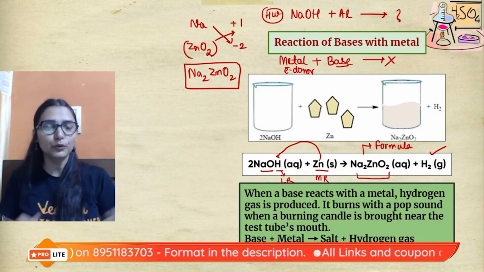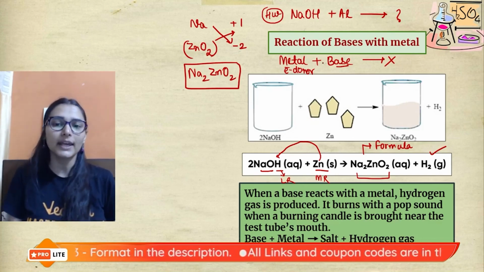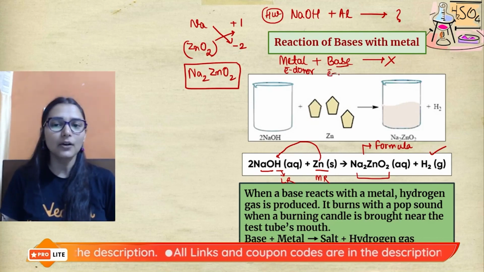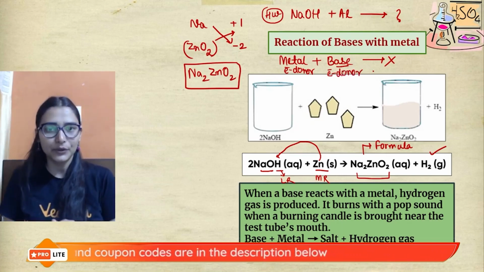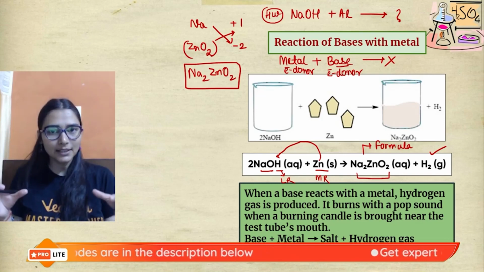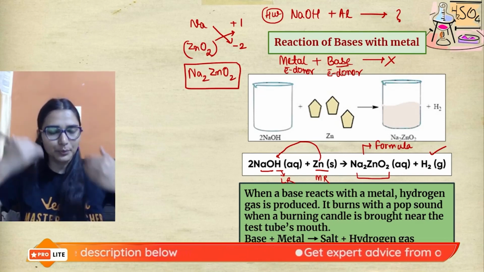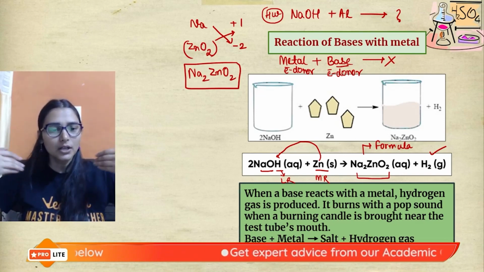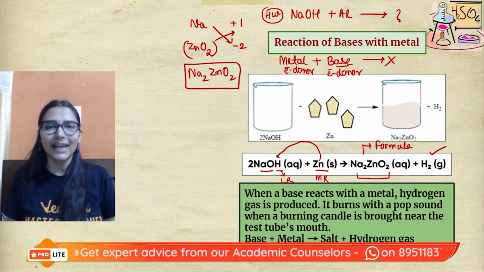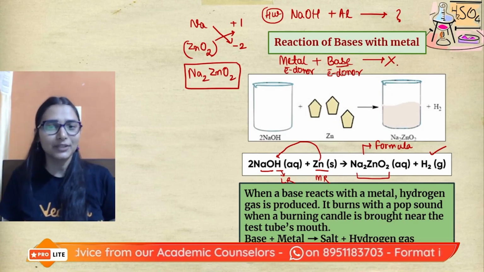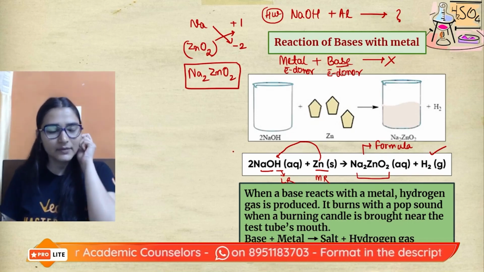Lewis gave the approach of defining bases in a way. He said that bases are also electron donors and acids are electron acceptors. So the thing is that metal is an electron donor, base is an electron donor. So when these two electron donors come together, they are like, who will accept the electron now? So reaction नहीं होता है generally.